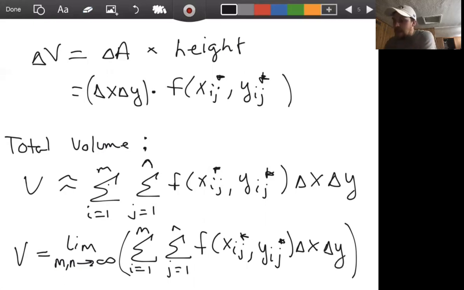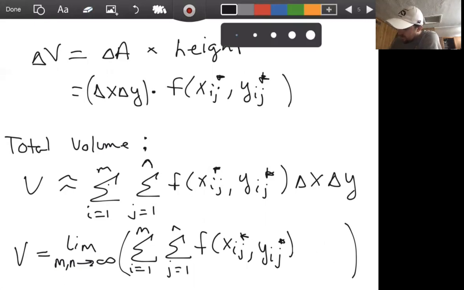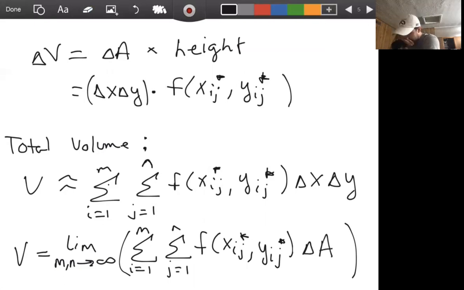Okay, and again, it's more convenient to consider this as just area, right? So this is just change in area.